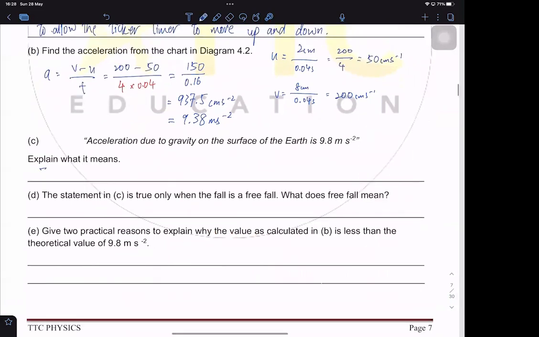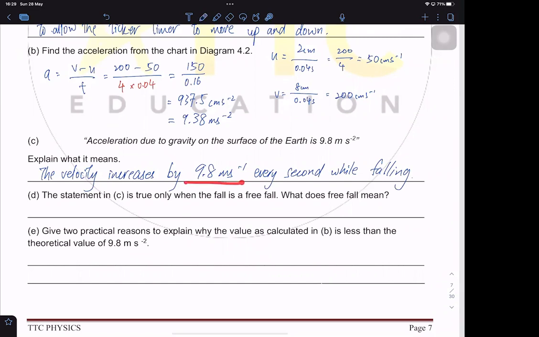So you say the velocity increases by 9.8 meters per second every second while falling. If you fall due to gravity, your speed will increase by 9.8 meters per second every second. That's how you get the per second squared.